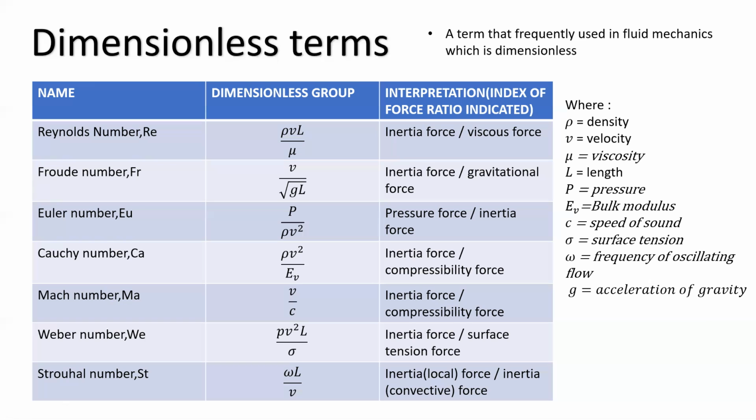The dimensionless group for this number is rho V squared L over surface tension. The interpretation is inertial force over surface tension force. The last one is the Strouhal number, St. The dimensionless group is the frequency of oscillating flow times length over velocity. The interpretation is inertial local force over inertial convective force.